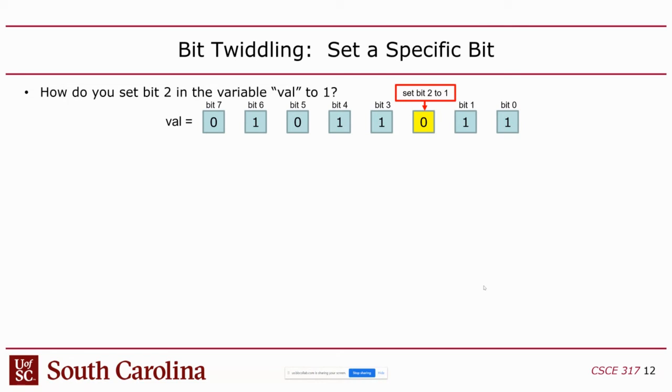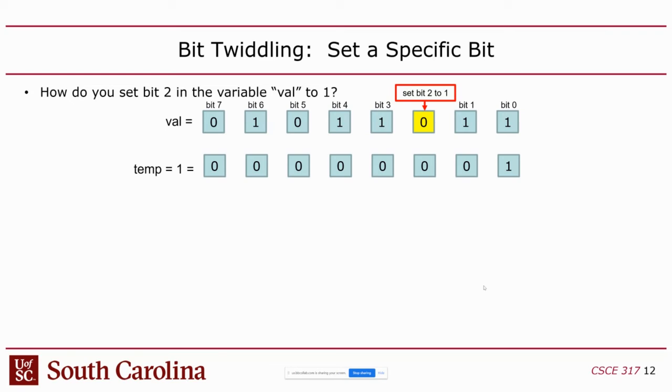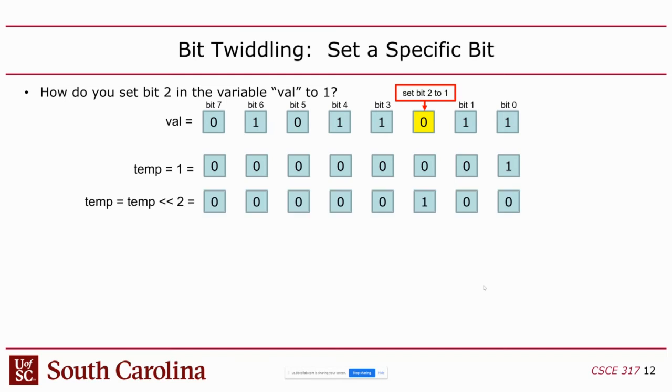Now, how do you do that in C? We're going to be writing C in this course. That's generally the language you're using when you do low-level programming that interacts with hardware. How do we do that? Well, there's several ways. One way is you can create a temporary variable called temp, set it to 1, and then shift the value 2 bits to the left.